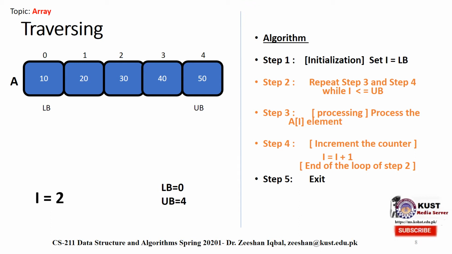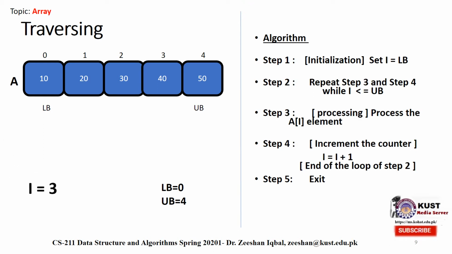After execution of step 4, the control moves back again to step 2 for the execution of the while loop. After the previous processing, the new I value is 3. So again in step 2, the I value is checked in the while loop, that is, 3 is less than or equal to 4, which is true.